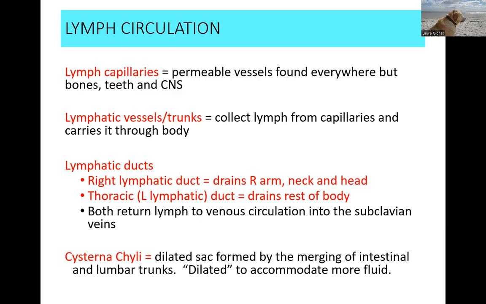The rest of the body, the remainder of the chest, the abdominal pelvic cavity, right leg, left arm, left side of the head, left side of the neck, will pass through what's called the thoracic duct. The cisterna chyli is a dilated sac formed by the merging of the intestinal and lumbar trunks of the lymphatic system. It is dilated to accommodate more fluid.